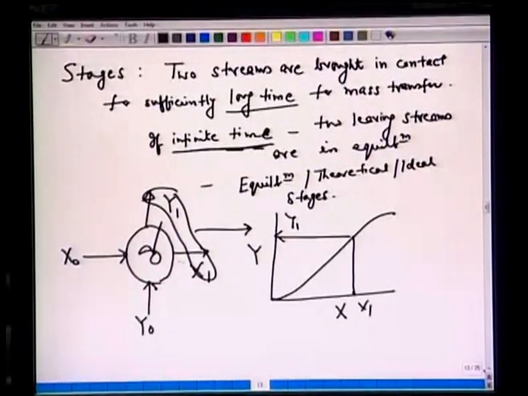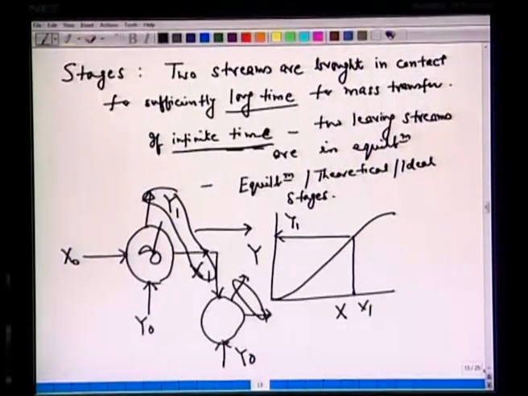We have one stage. Now, we can further take this stream and bring it into a second stage, and again bring it in contact with another fresh stream y0, so that the leaving streams from here would again be in equilibrium. This is the meaning of stages in cascades or in series.